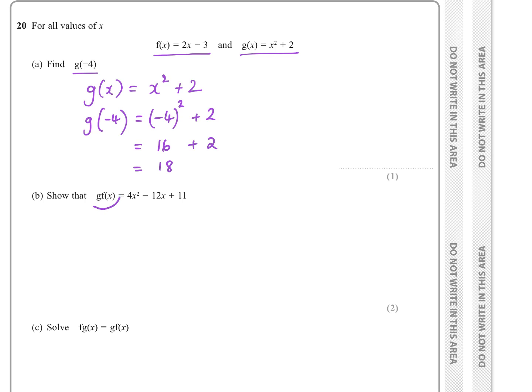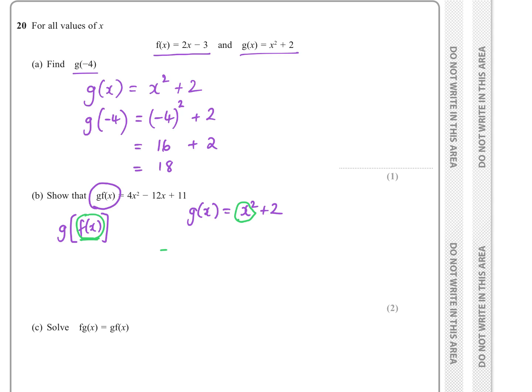Now we've got the composite function here, and all that means is that it's made up of two functions combined, and it means that we've got g of f of x. So if we know that g of x is x squared plus 2, then all that means is wherever we see an x here, we just put f of x, because it means g takes on f of x.